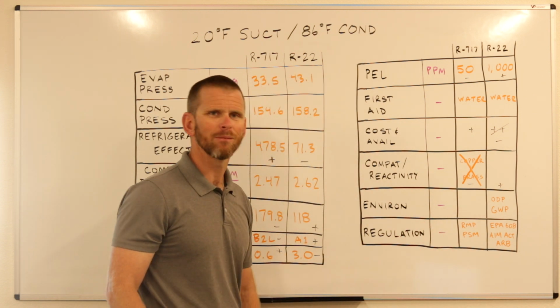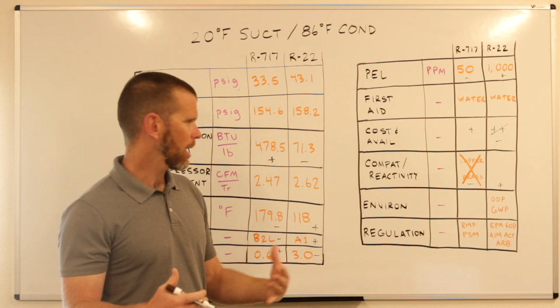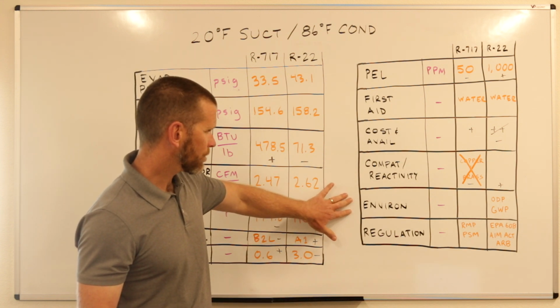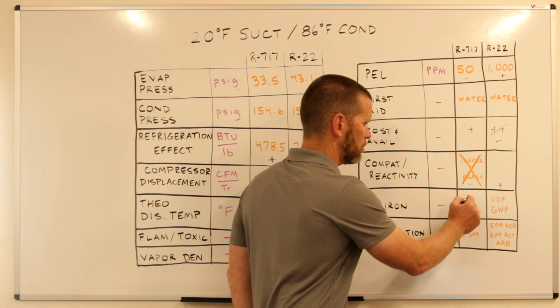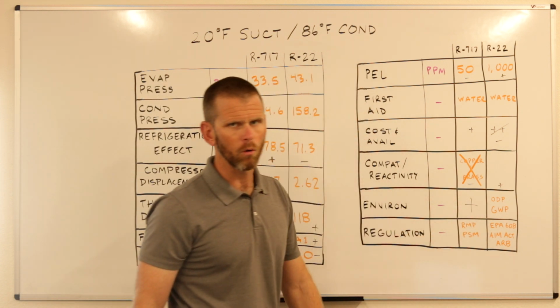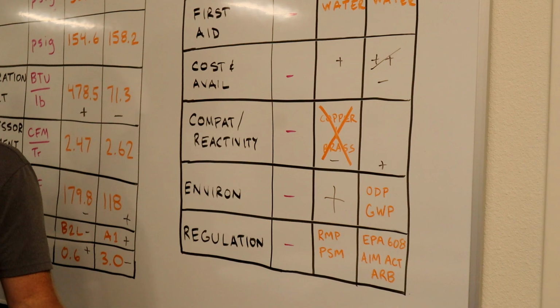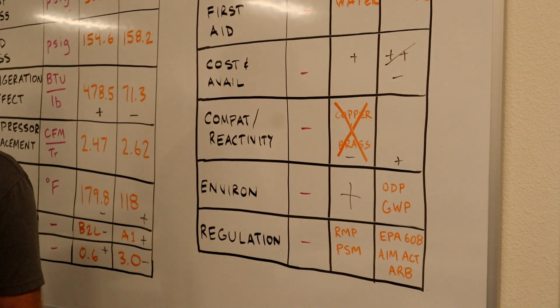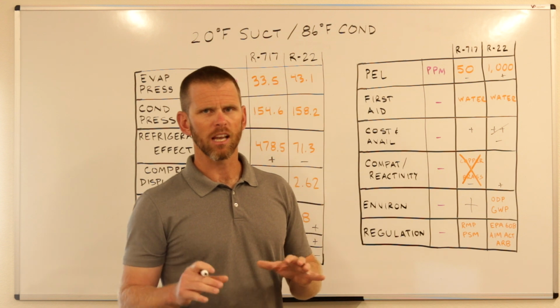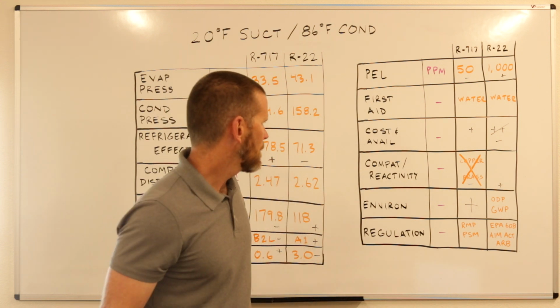Okay, now we'll look at some environmental and regulatory concerns. Concerning the environment, ammonia has to get a huge plus just to fill our whole box there, because ammonia is a natural refrigerant. It has no global warming potential and no ozone depletion potential. So from an environmental standpoint, it is very attractive.